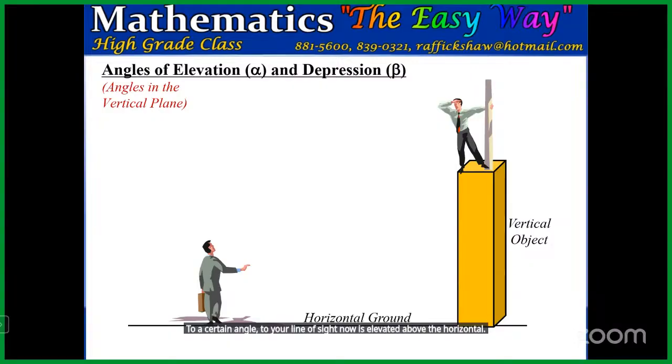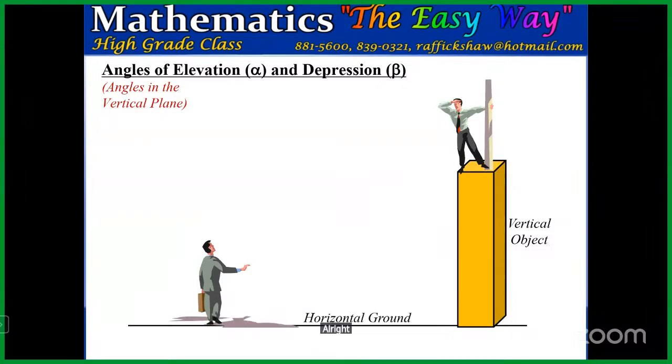The angle through which you have to elevate your line of sight above the horizontal to look at the top of a building is the angle of elevation of the top of the building from you. Both the angle of elevation and the angle of depression are measured from the horizontal. So the horizontal is a reference line for both, and we can put this into a real life situation.